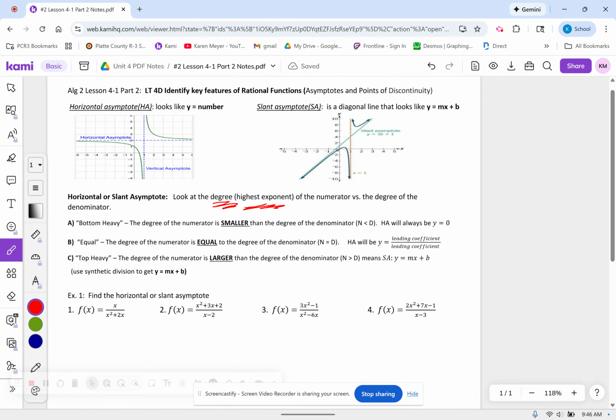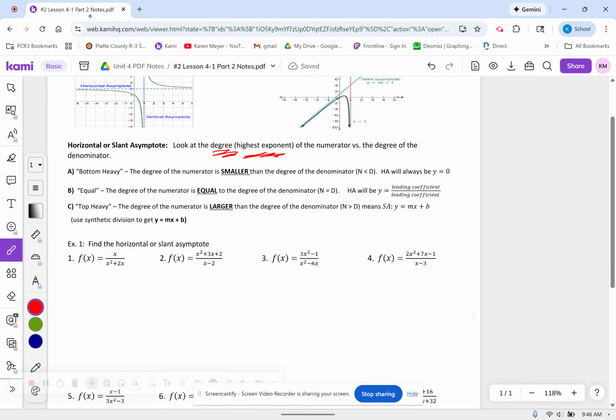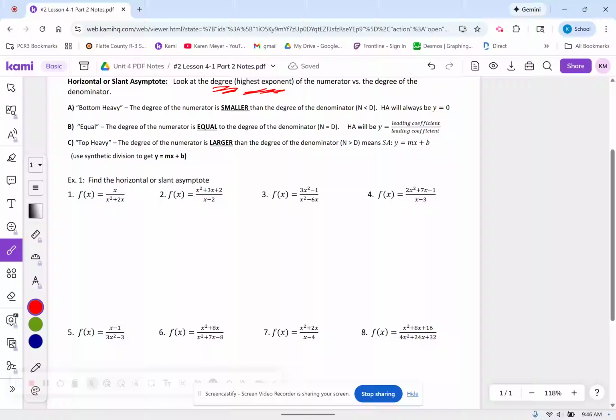Down below, there's an A, B, and C. A says, what if it is bottom heavy? Bottom heavy would essentially be saying that the top degree is smaller than the bottom degree.